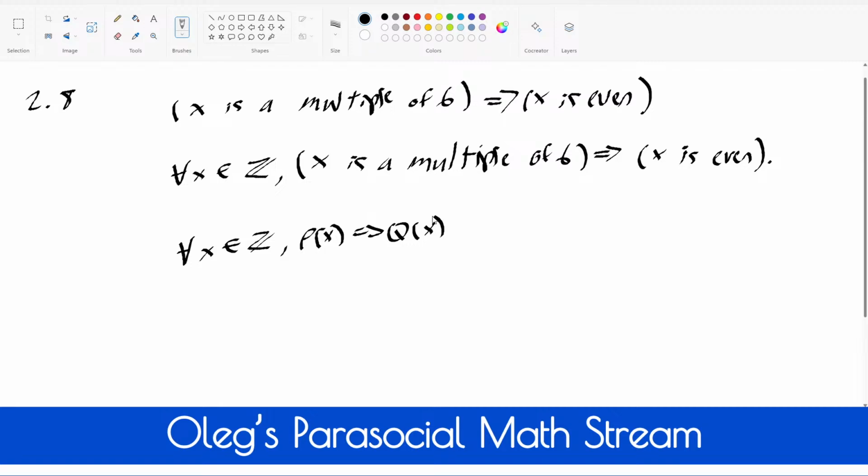All right, let's see here. So we're back to where we were. For all x integers, where P implies Q is either true or false. So it's a statement, not an open sentence. This right here is a statement because it has a truth table. And the truth table is like this.